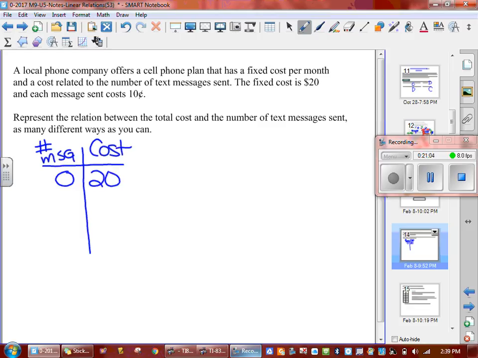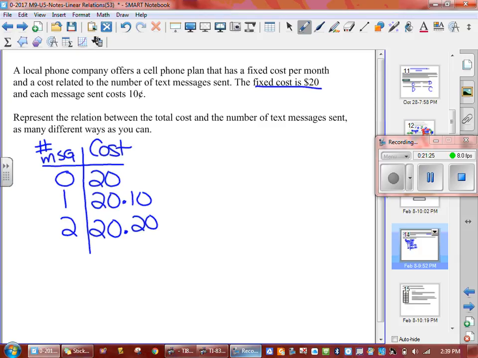For 2 text messages, it's going to cost you $20.20. You add 10 cents every time. Why? That's $20 because they're giving us a fixed cost of $20 in this question. So our fixed cost is always with 0. So that's one way we can relate it.